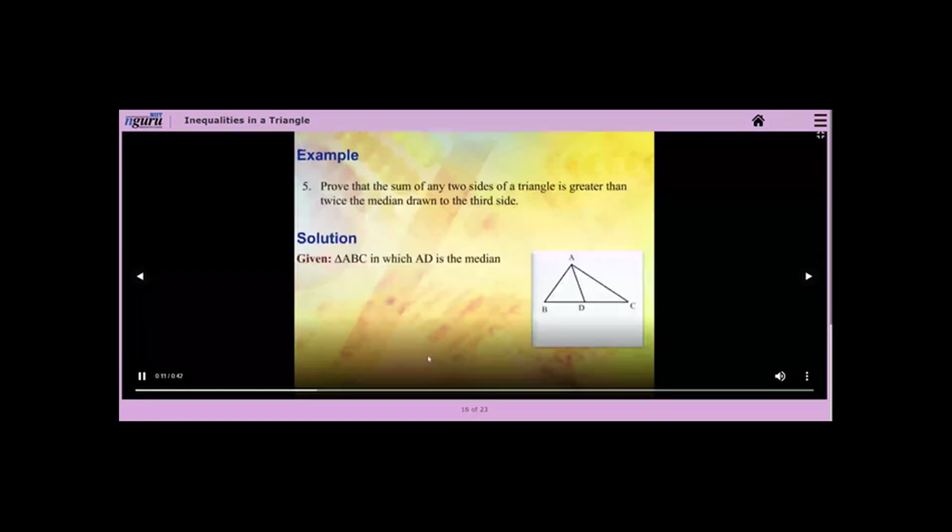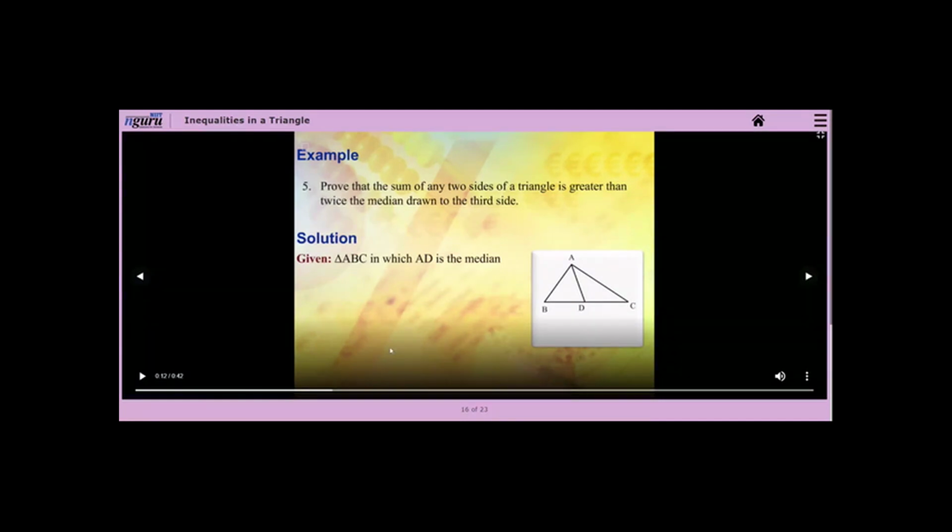Prove that the sum of any two sides of a triangle is greater than twice the median drawn to the third side. Triangle ABC is given. Here AB plus AC is greater than 2 times AD.